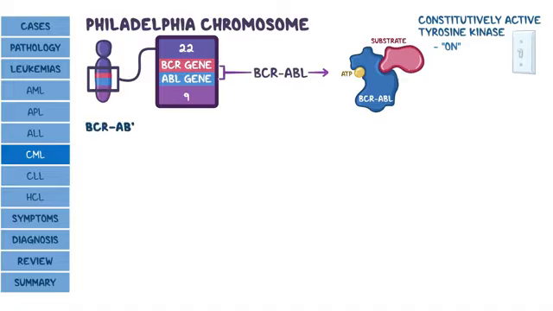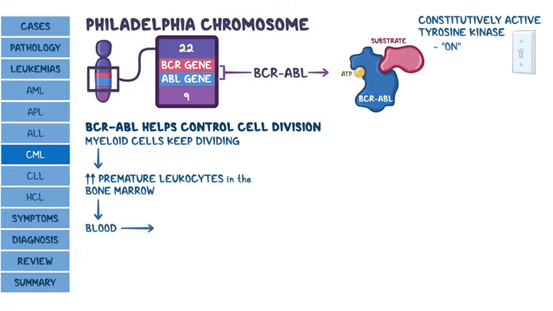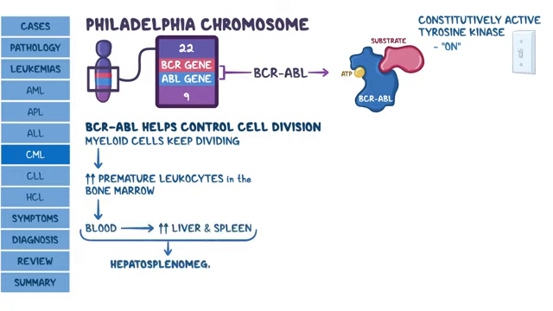Since BCR-ABL helps control various cellular functions like cell division, having it always on forces myeloid cells to keep dividing, which causes a buildup of the premature leukocytes in the bone marrow. The premature leukocytes then spill into the blood and build up in the liver and spleen over time, causing hepatosplenomegaly.